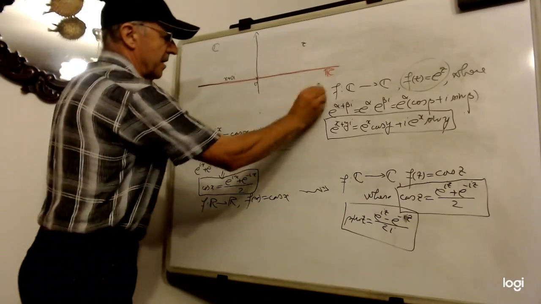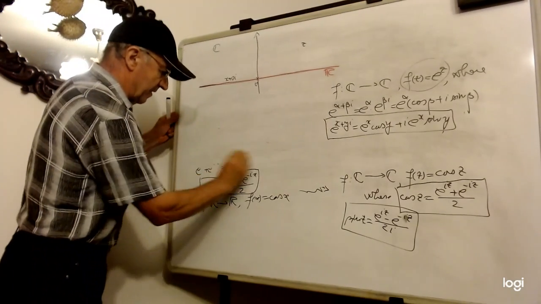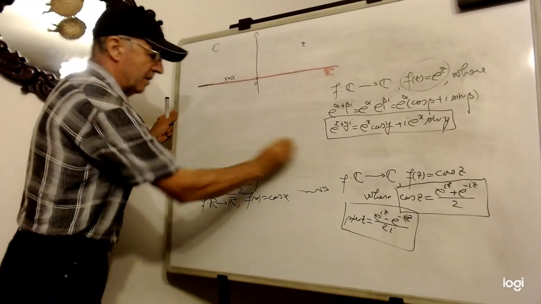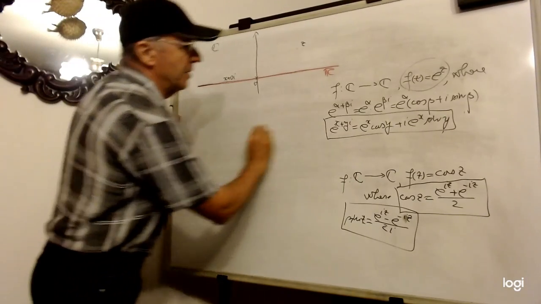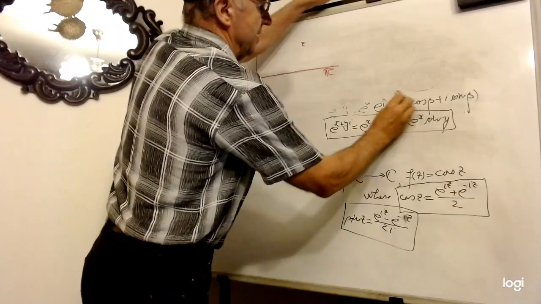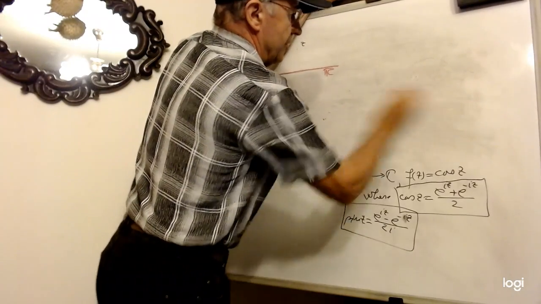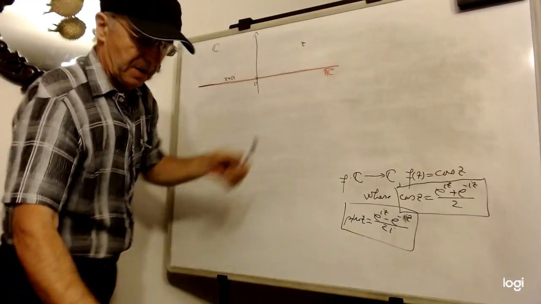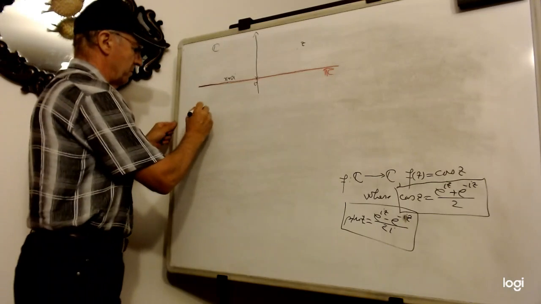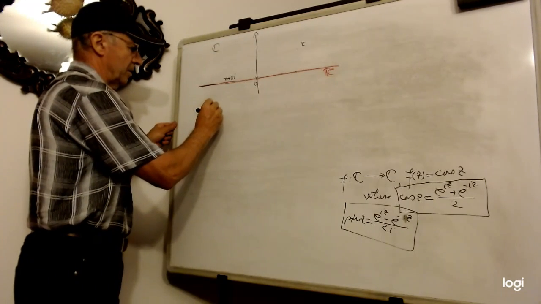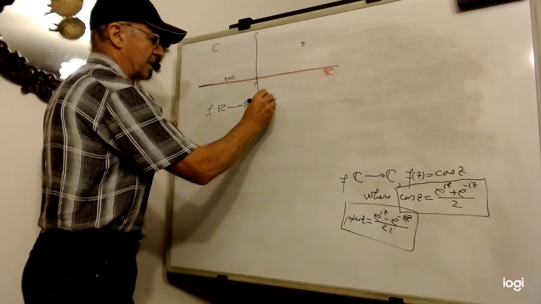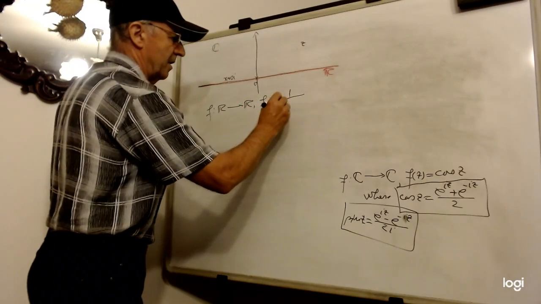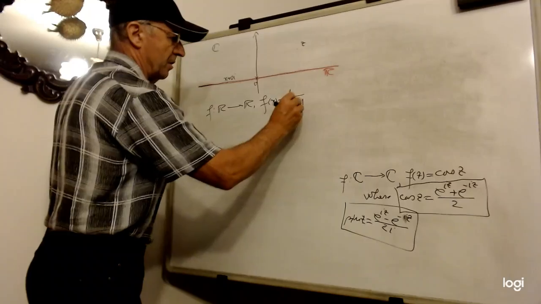In certain cases, there are some differences. For example, let us consider the following function, f from R to R, f of x equals 1 over x squared plus 1.